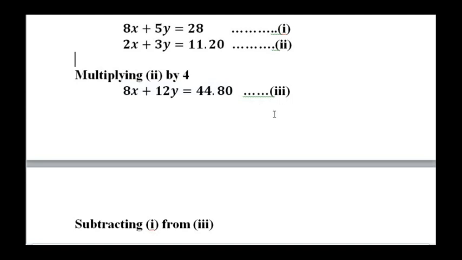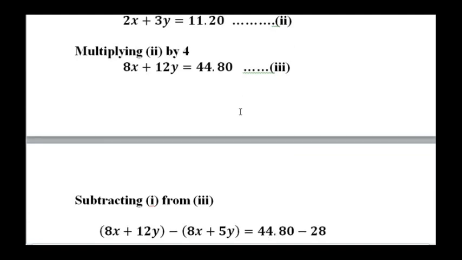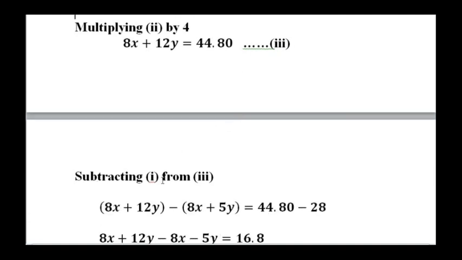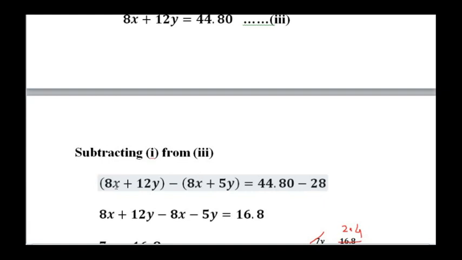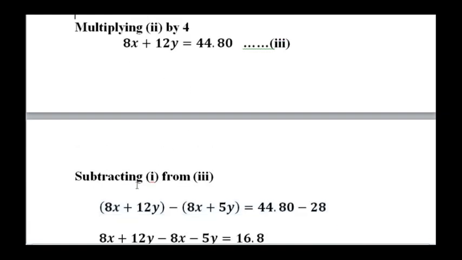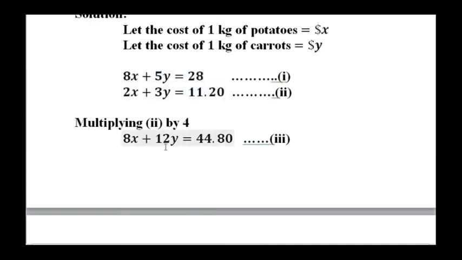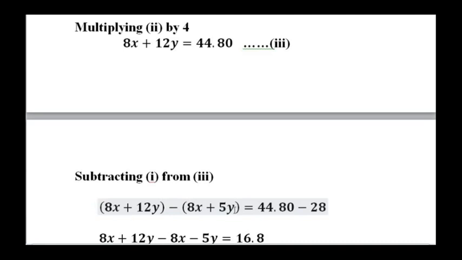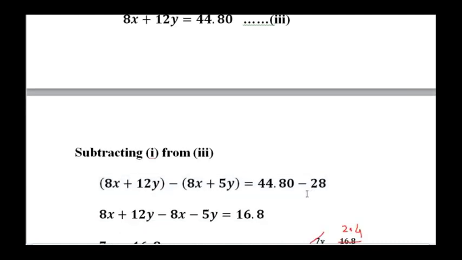So to eliminate the variable x, I'll subtract equation 1 from equation 3. Subtracting equation 1 from 3, left hand side of equation 3, 8x plus 12y, negative sign, left hand side of equation 1, 8x plus 5y, equals right hand side of these two equations, 44.80 minus 28.